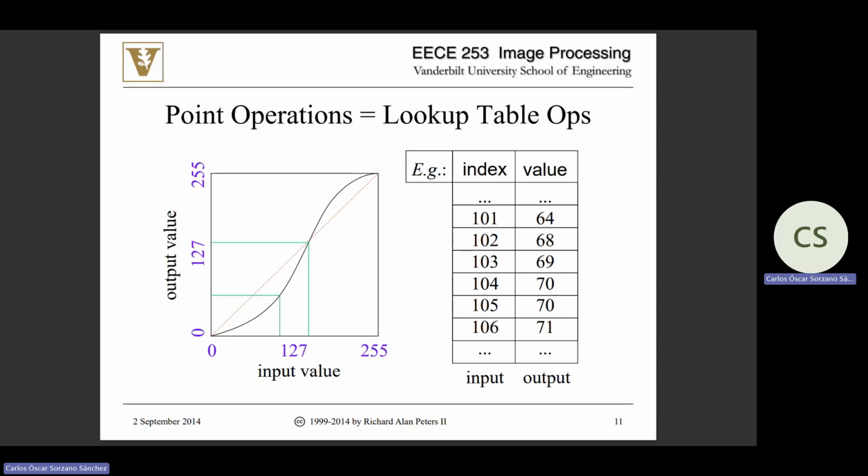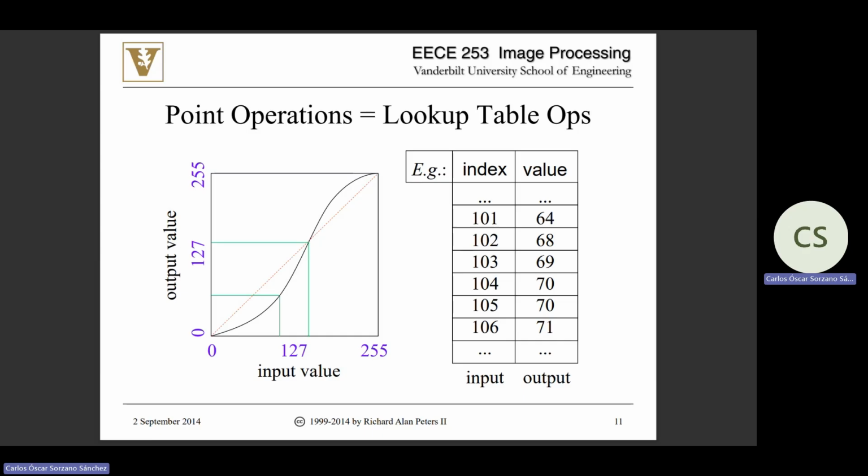A function is a lookup table, and for every input value, remember our images were 8 bits, so values are between 0 and 255. If you have any value in the input, you go to the lookup table and substitute it by the value given in the table. So this 127 would be substituted by this value.